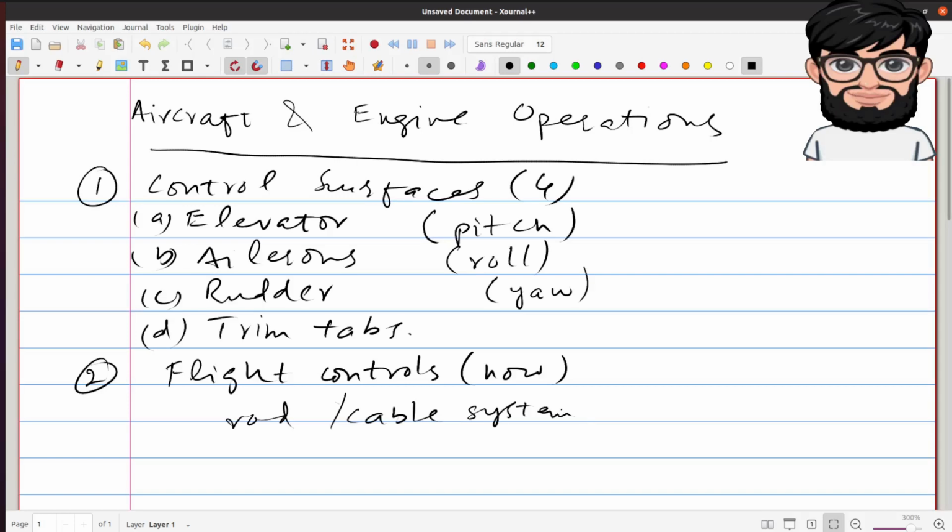A control wheel actuates the ailerons and the elevators, and the rudder or brake pedals actuate the rudder.